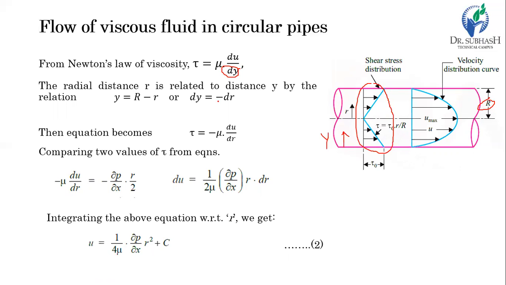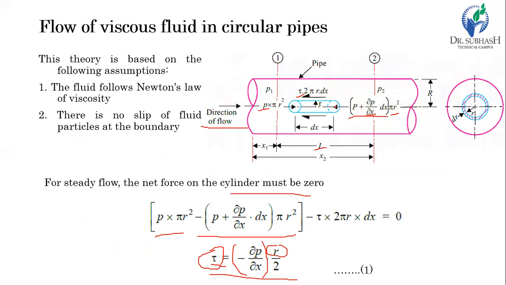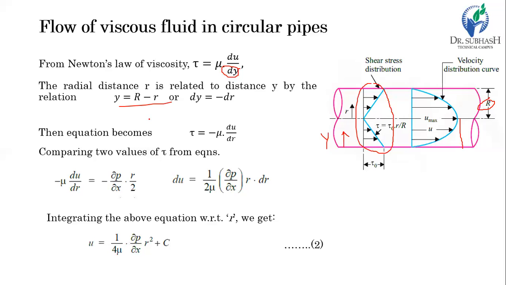So we can replace y as R minus r, because R is the total distance from here to here, and r is the distance of the cylinder. In this figure we can measure here: R is the distance from here to here, R is the total radius, and y we are measuring in this direction. So we can say y equal to R minus r, and by differentiating this equation on both sides, dy equal to minus dr, because R is constant, it's a physical value, so its derivative will be 0.